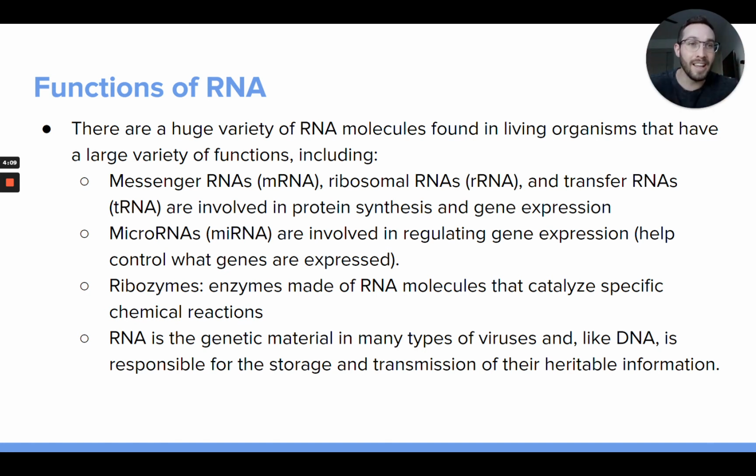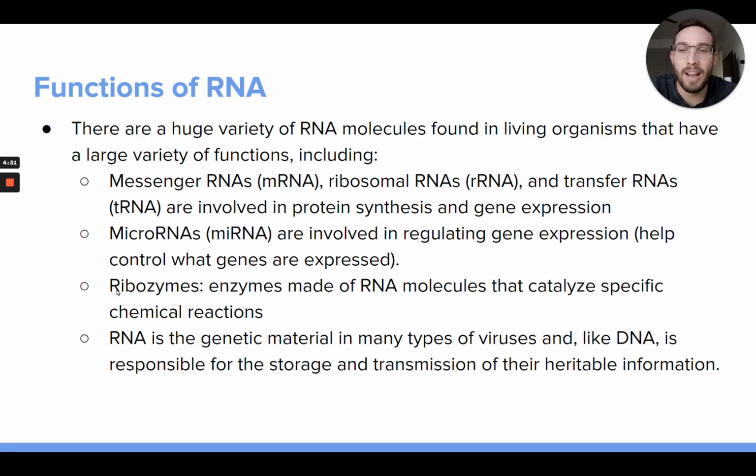In your DNA, there's all these genes with instructions to build usually proteins. And these microRNAs are involved, and we'll talk about this more in the next set of notes, in helping to control which of those genes are being used at any given time in a cell. We call that regulating gene expression.